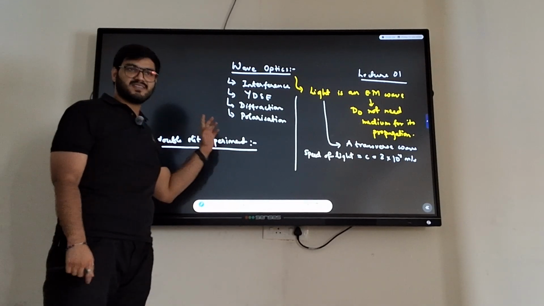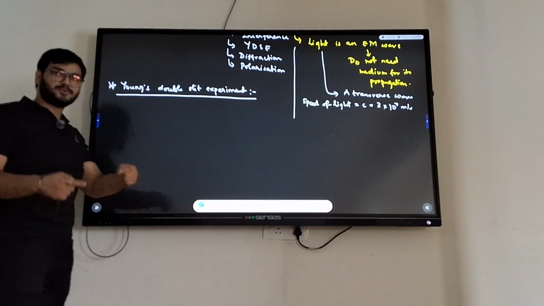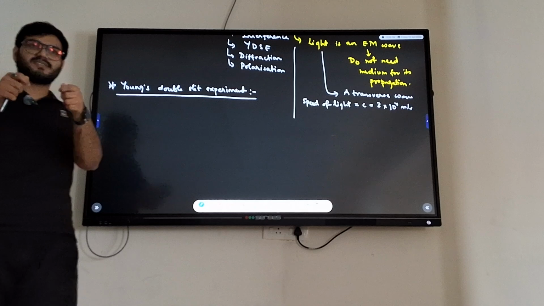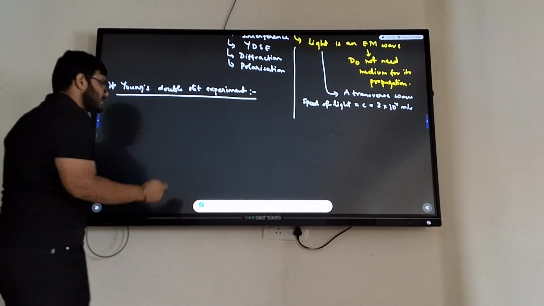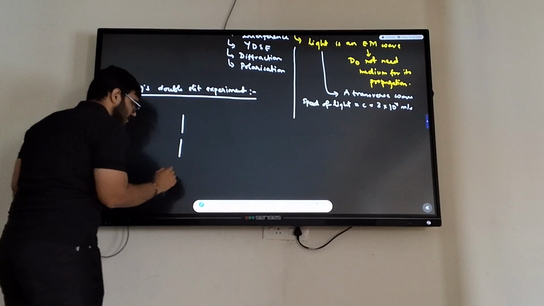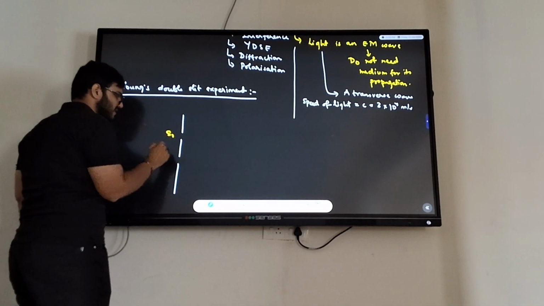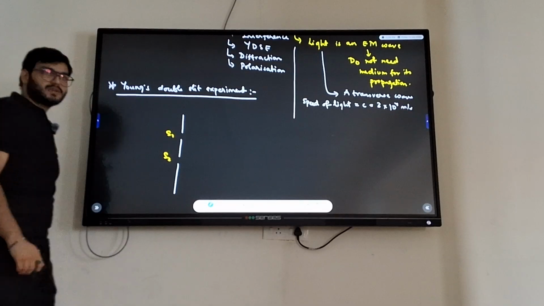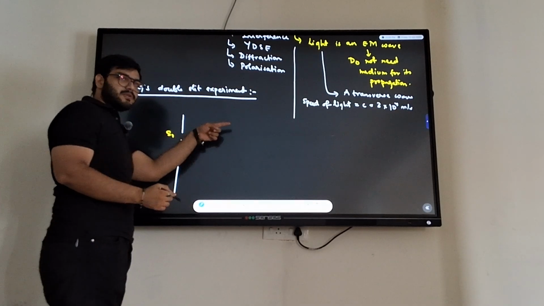Young was a guy, okay, his name, and this double slit experiment is basically you have two slits. Do you know the meaning of slits? You can open and close them. So you have two slits here, and let's say behind them there are two sources, S1 and S2. Okay, from these two slits light will come out.